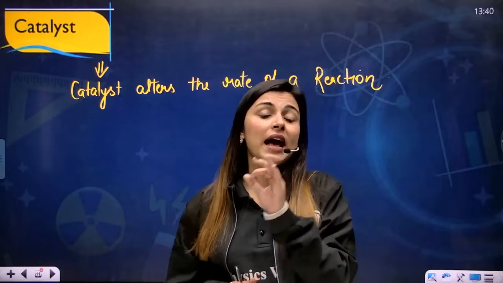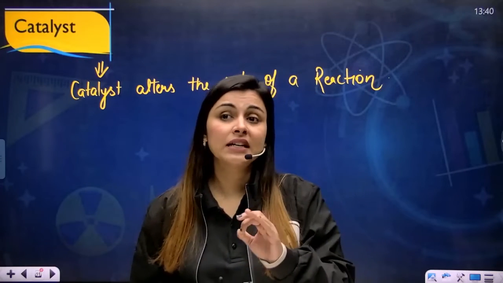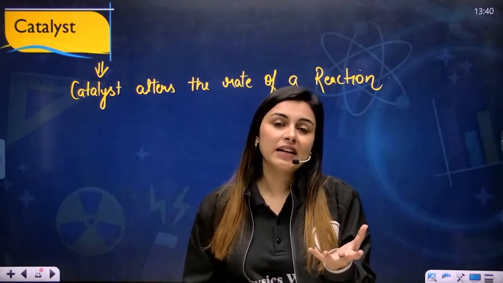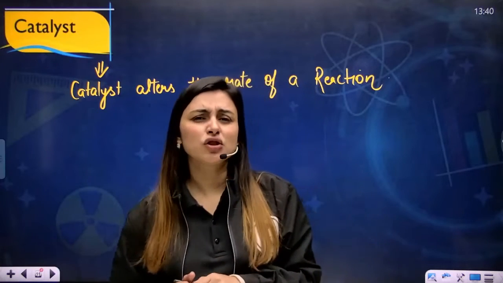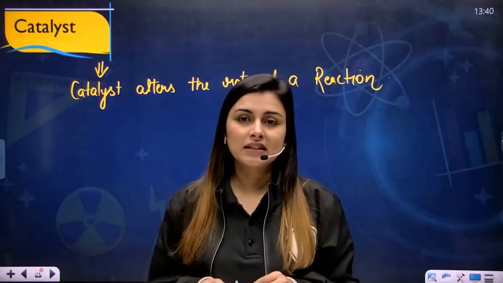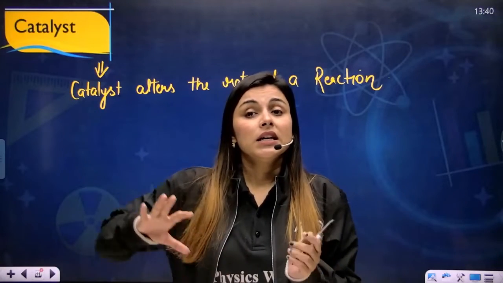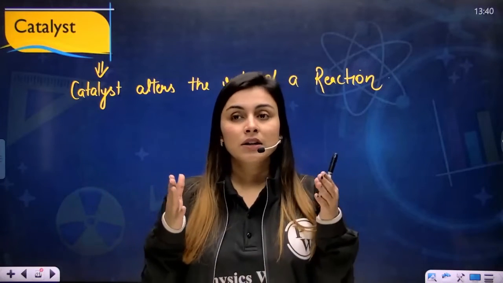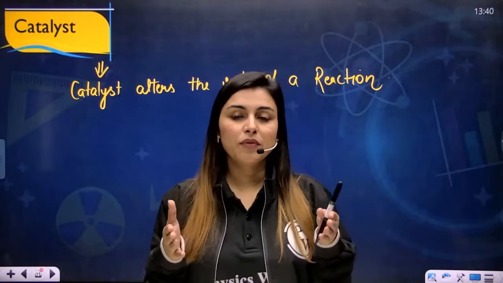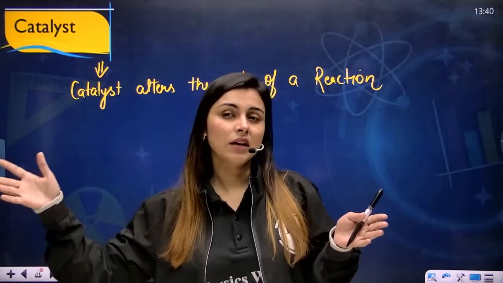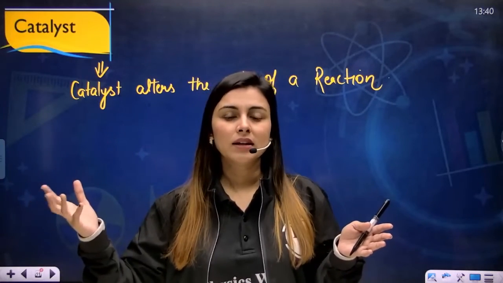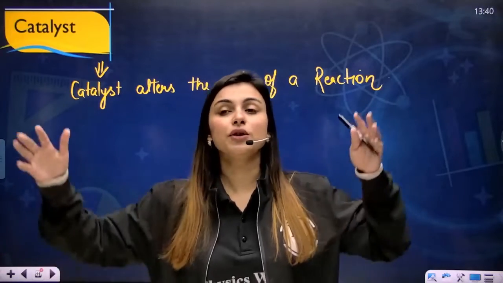Now, what happens if it is not a positive catalyst but a negative catalyst? What would a negative catalyst do? A negative catalyst decreases the rate of the reaction. Let's say a reaction was about to be performed in 2 hours, but a negative catalyst will give you some other path, like the reaction will take place now in 3 to 4 hours.